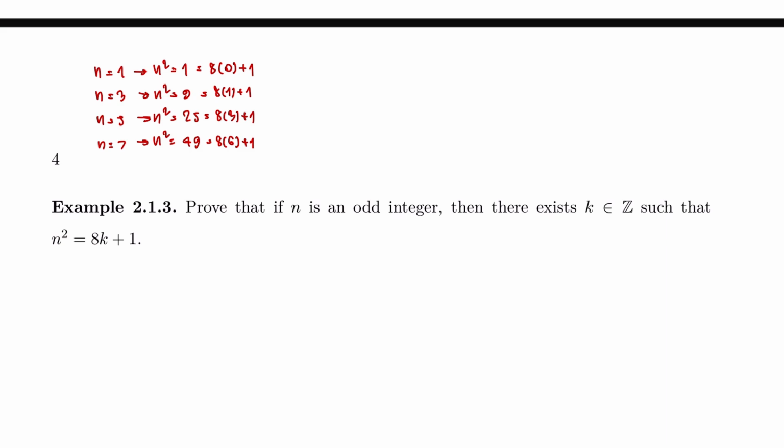So, let's prove it. n is an odd integer, so I want to start by assuming that. I'm going to assume that n is an odd integer.